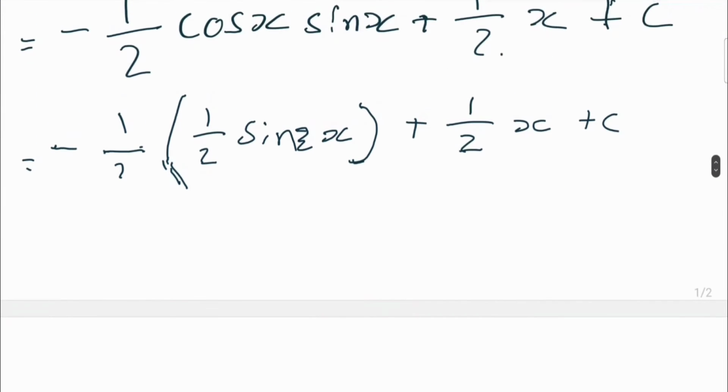Now we can just multiply the negative 1 over 2 by 1 over 2 sine of 2x. Sorry, that is a bad 2. I'm just going to redraw that.